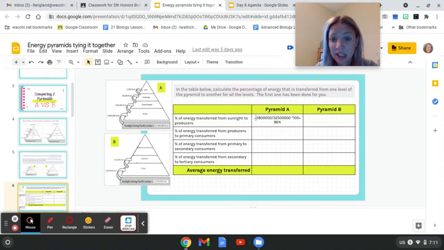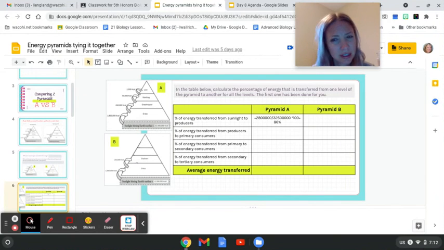When I put this divided by this into my calculator, I got 0.86. Then you multiply that by 100, so you move the decimal point 2 places to the right, and round to the nearest percent. And 86% of the sunlight that hits the ground in that area is actually used by the producers.